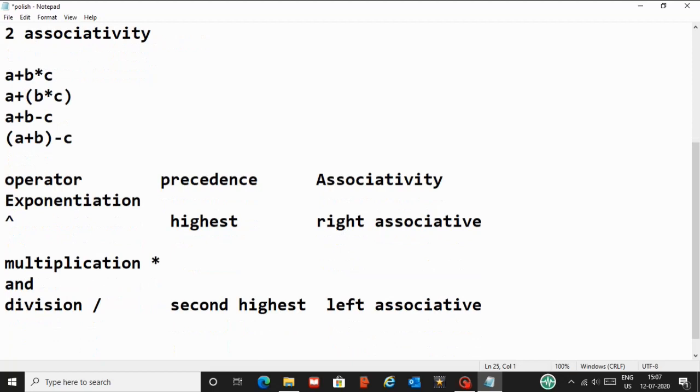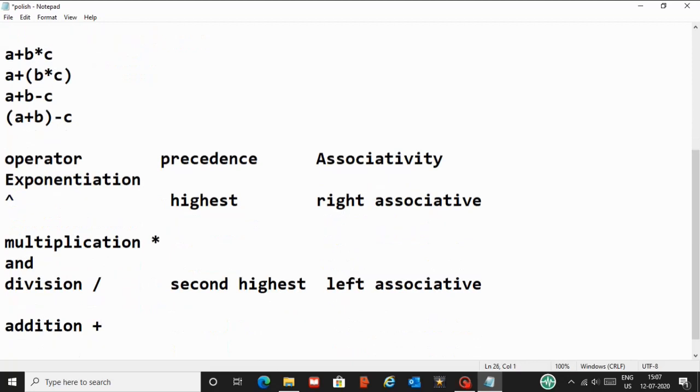Next is addition and subtraction. This has got the least or the lowest precedence.